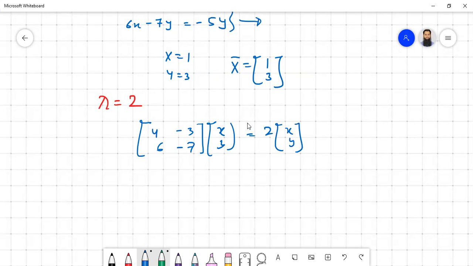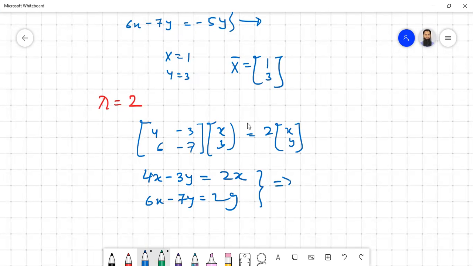Again, the equations we get are 4x minus 3y equal to 2x, and 6x minus 7y equal to 2y. Both of them eventually give the same equation, that is 2x equal to 3y, or simply y equal to 2 by 3 x.